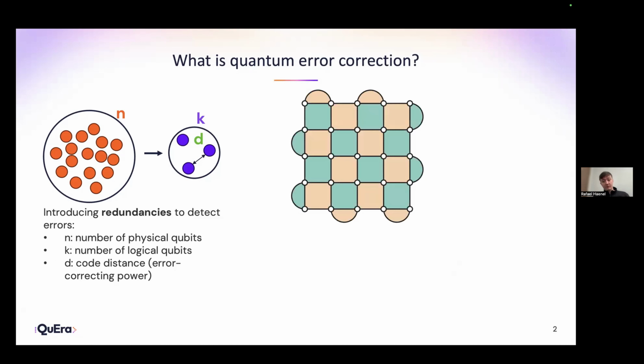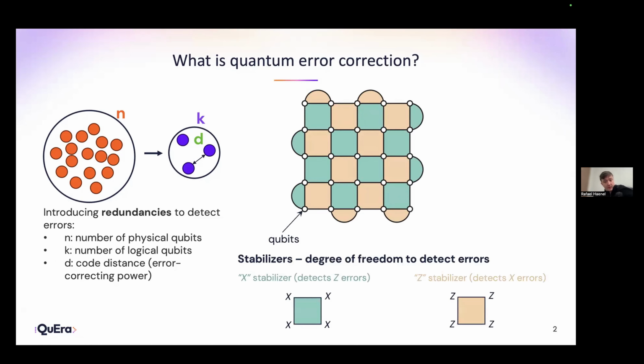And maybe the most famous example is the surface code, which is a grid of physical qubits. What we do is continuously measure these so-called stabilizers. So we continuously perform certain parity check measurements, either checking the bit flip parity or the phase flip parity.